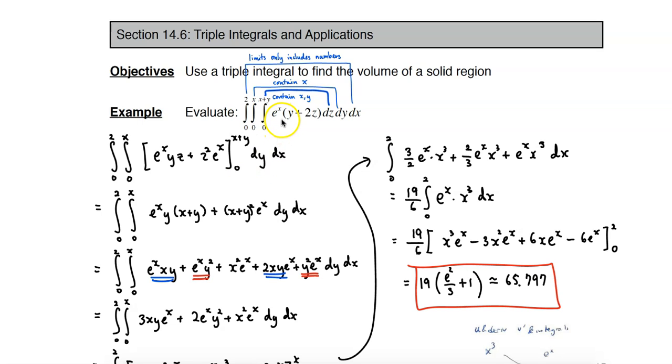In this example, we first integrate in terms of z. Maybe we want to distribute e to the xy, e to the x times y plus 2z e to the x, and this is what we get when we integrate. Now we can substitute, and here you see that we have an integrand that is only in terms of x and y, so that's perfect.